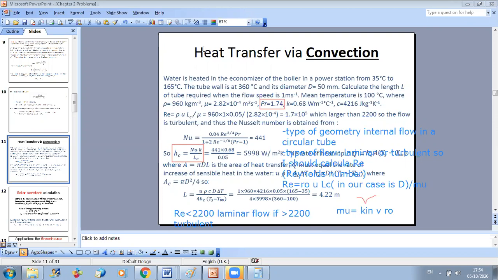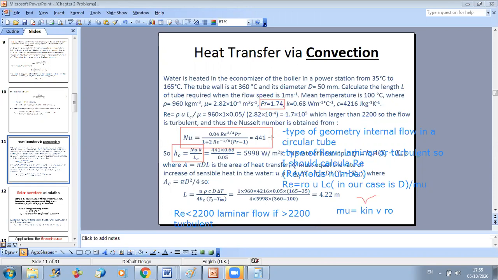As I told you, in case I give you a different geometry, I should give you the empirical relations. This relation relates the Nusselt number to the Reynolds and Prandtl number. Prandtl number is already given, and Reynolds number was calculated, because they gave me all the characteristics of my fluid needed. So I calculated now Nusselt.